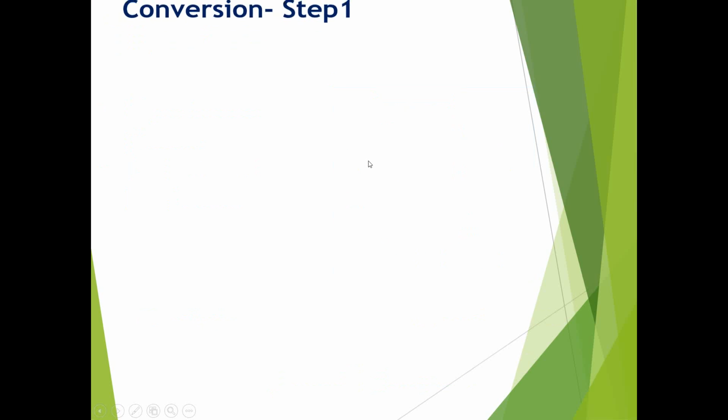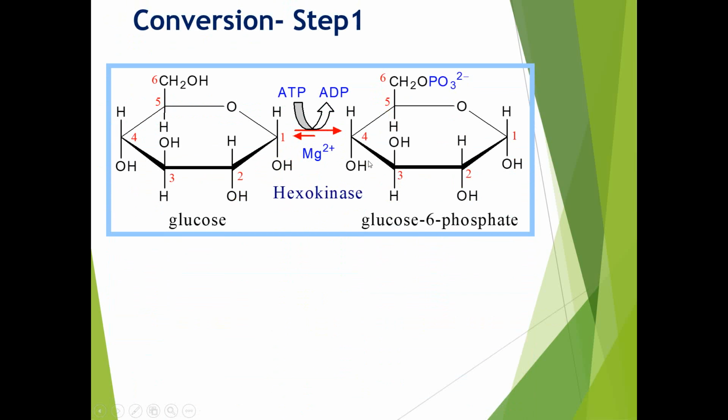We will discuss in detail the first step of glycolysis, in which a glucose molecule gets converted into a glucose 6 phosphate molecule.